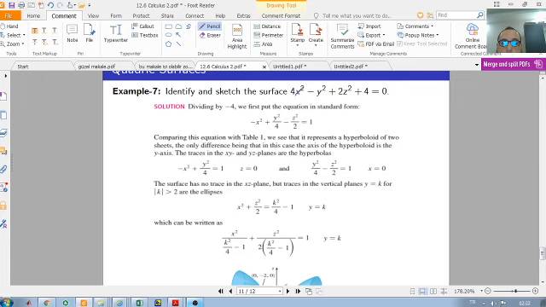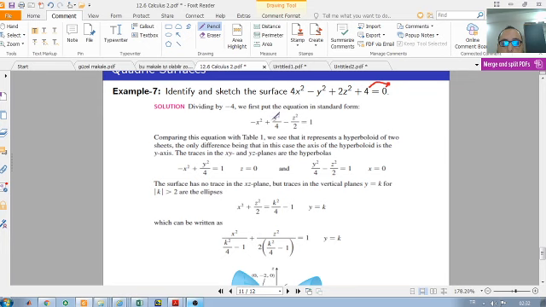So we have minus x squared plus y squared minus z squared is equal to 1, because when we write the constant to the right side, we have a negative number, but dividing by minus 4, we obtain 1. So this is the hyperboloid of two sheets.